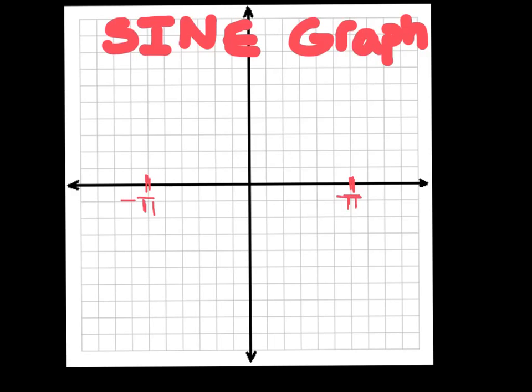Okay, it has a length of 2 pi. So when drawing this, the sine graph goes from here to here. It has a range of 1 to -1. Alright? This is how you draw a sine graph. That's all you need to know for basic trigonometry purposes.